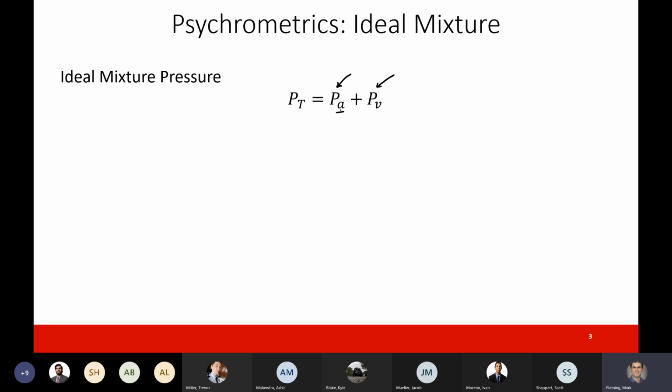I'm going to use the subscript A. This is always going to be used for air in these chapters. So for the next 2 weeks, sub A stands for air. Subscript V stands for our vapor, which is going to be our water vapor generally in the air.